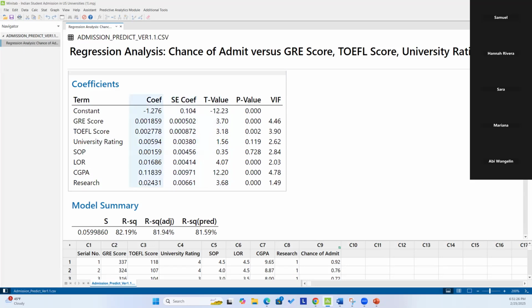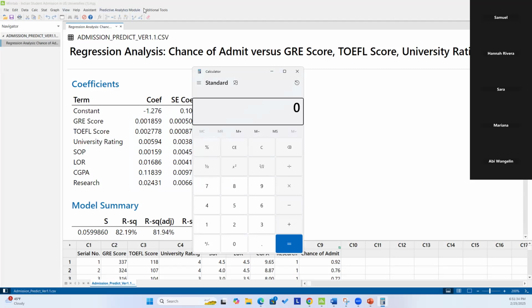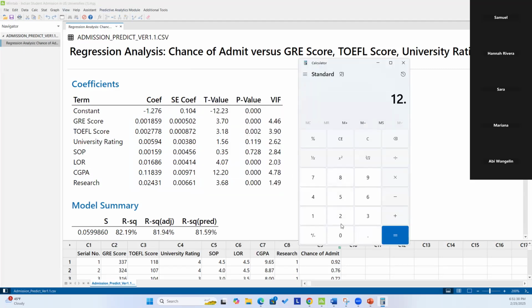Let me show you on the calculator. 12.23 into 0.104 equals, you get 1.276.